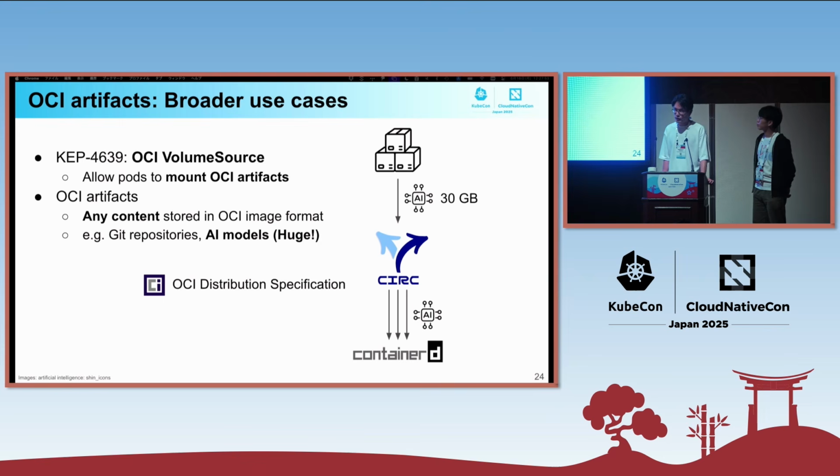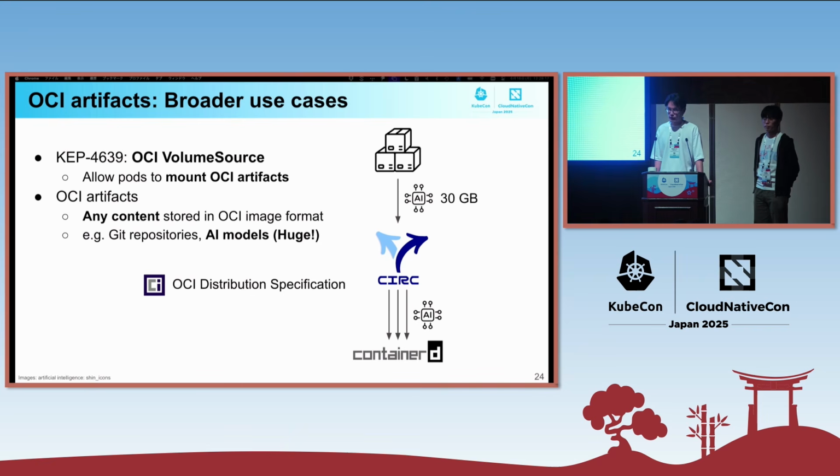The use cases of the OCI volume source feature include distributing AI models, which can be huge, dozens of gigabytes. OCI artifacts are pulled from container image registries, so it is great if we can pull them quickly. CIRC works for OCI artifacts as well.